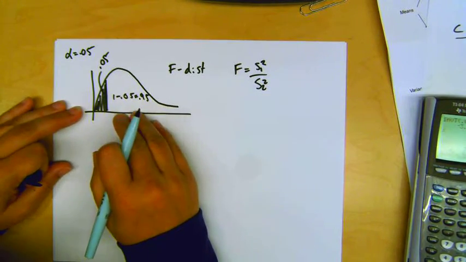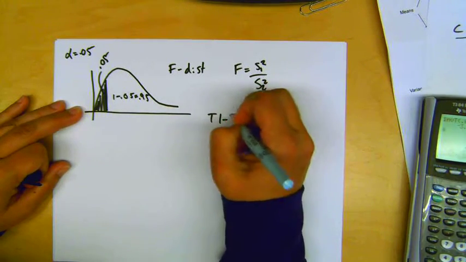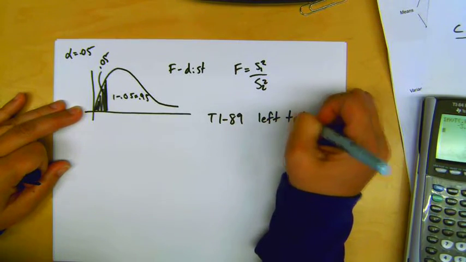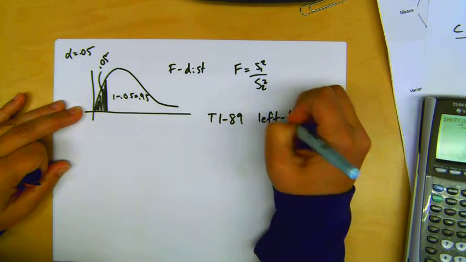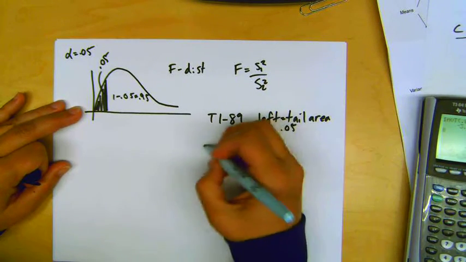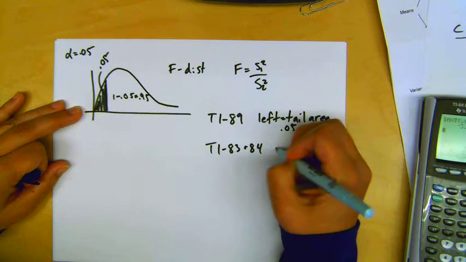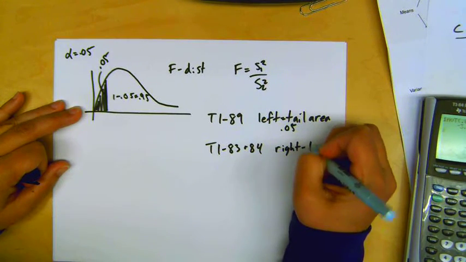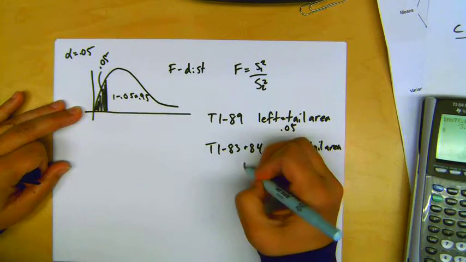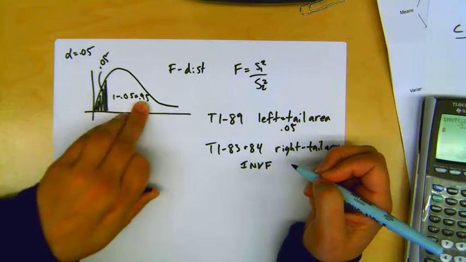So this is going to depend on your settings on your calculator. If you have a TI-89, which is confusing, it asks you for the left tail area. So we would be putting in 0.05. On the TI-83 and 84, it asks you for the right tail area, and that's in the inverse F. So we would do inverse F and put in 0.95.